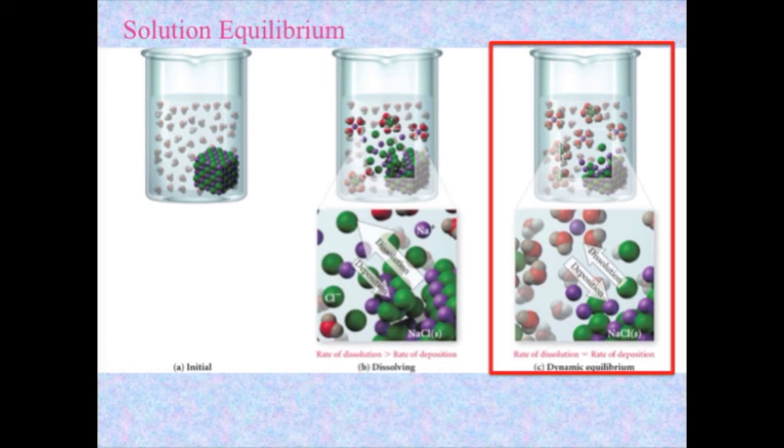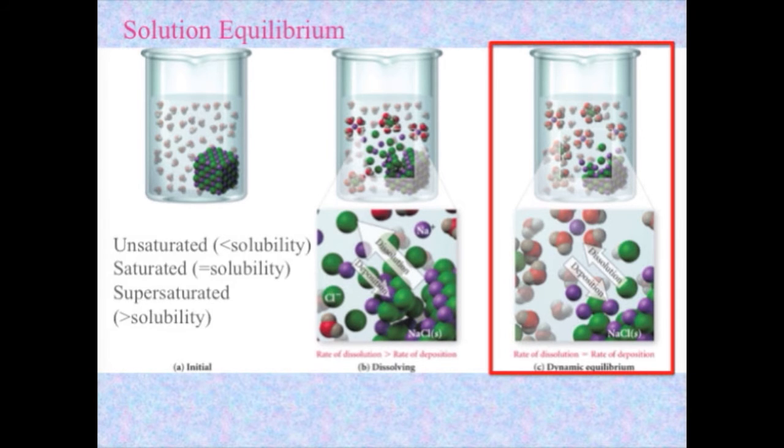This is an unstable solution which is said to be supersaturated, and crystallization can occur if a seed crystal is introduced. So you have unsaturated before equilibrium, at equilibrium, it's a saturated solution, and the unstable supersaturated solution.